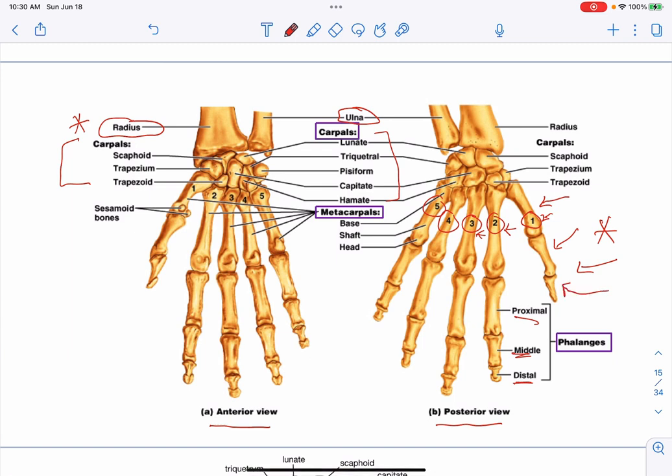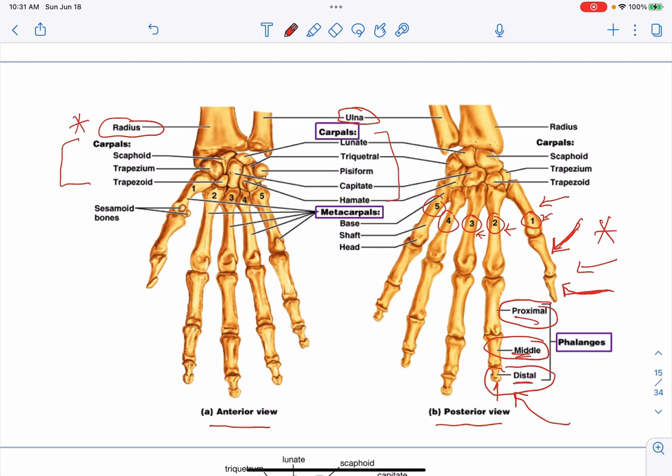So this right here would be the first distal phalange. This one would be the first proximal phalange. And if we moved to the second digit, if I labeled any of these bones here, this would be the second distal phalange, second middle phalange, second proximal phalange.